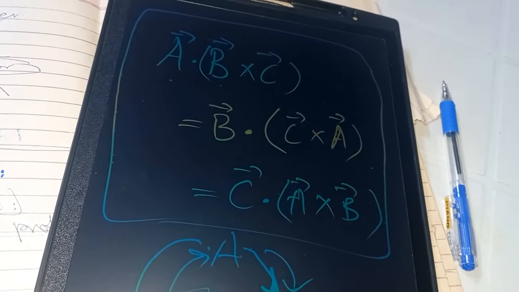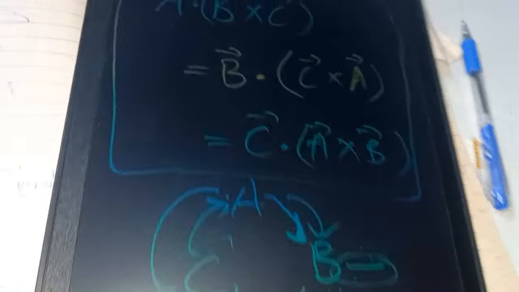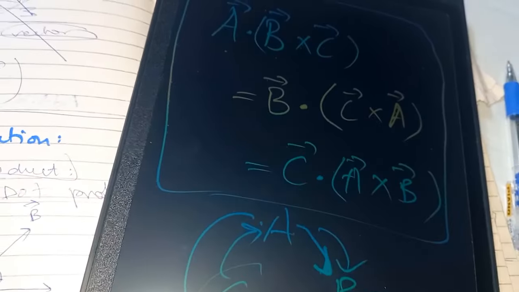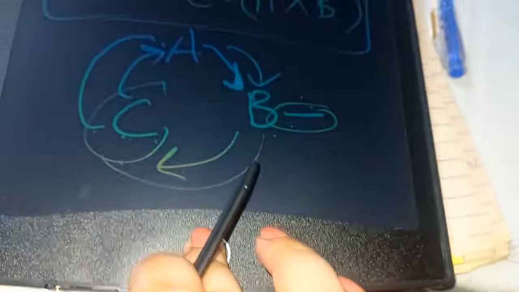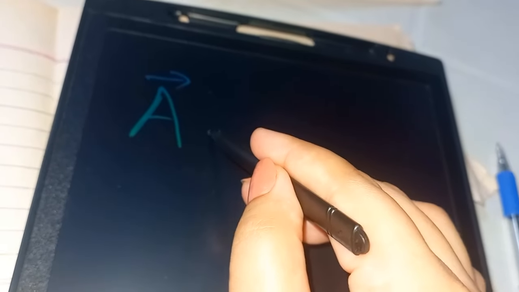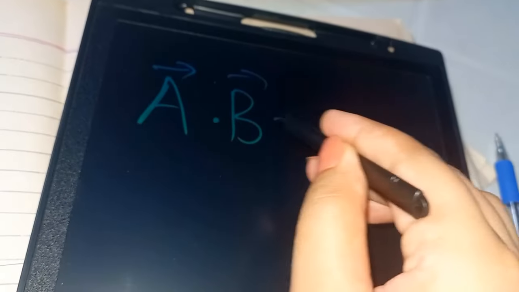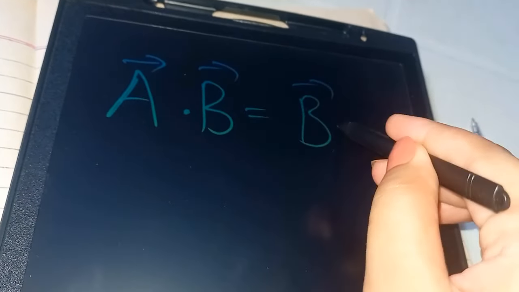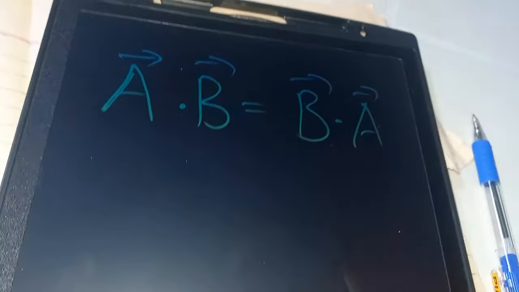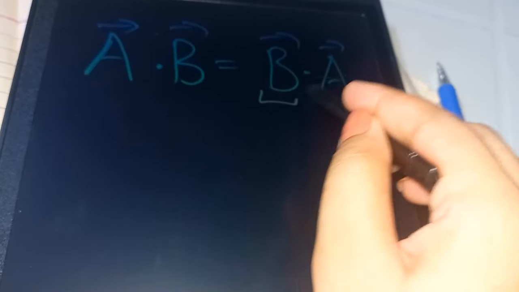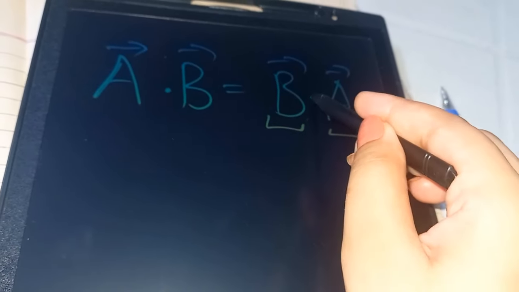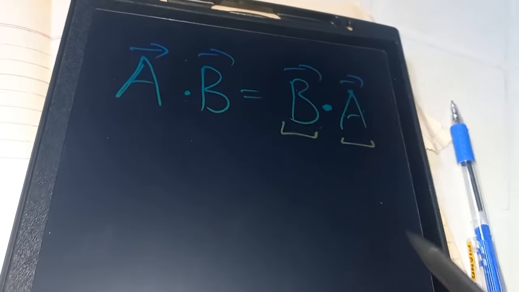Okay, now besides that, we also know one other relation about dot product, that dot products are commutative. It means if we have a dot b, then you can write it as b dot a as well. You can change the position of vectors around dot only. Okay, not around cross but around dot.